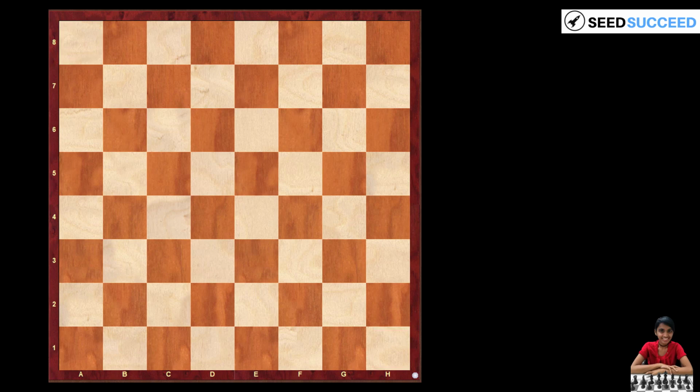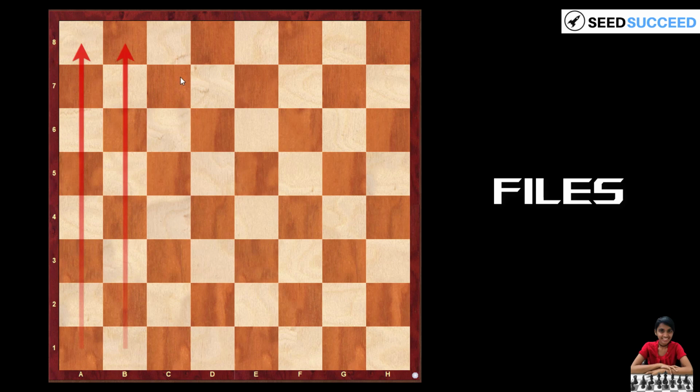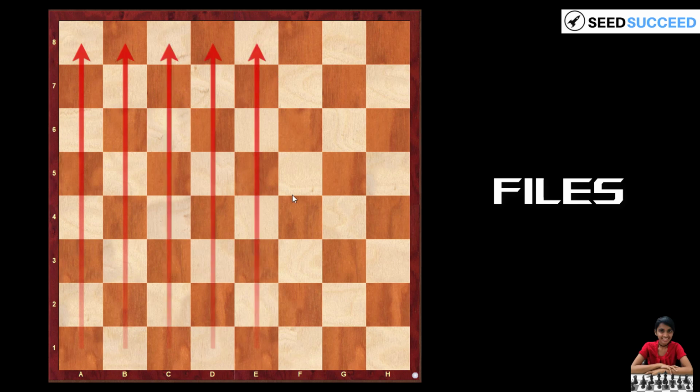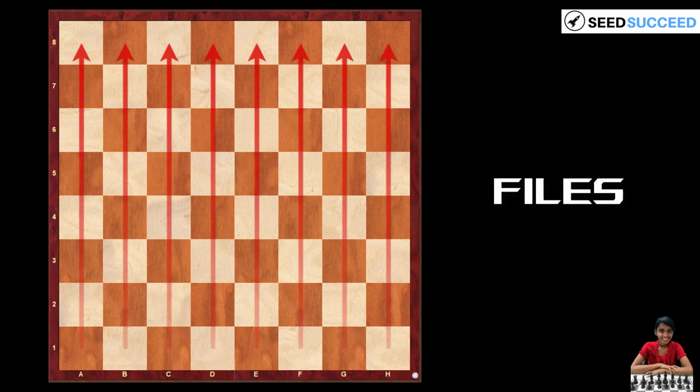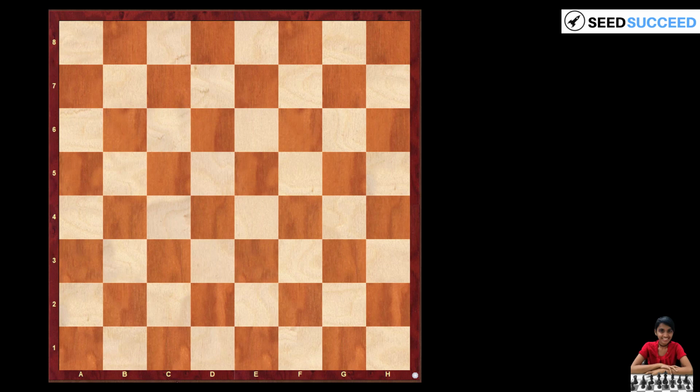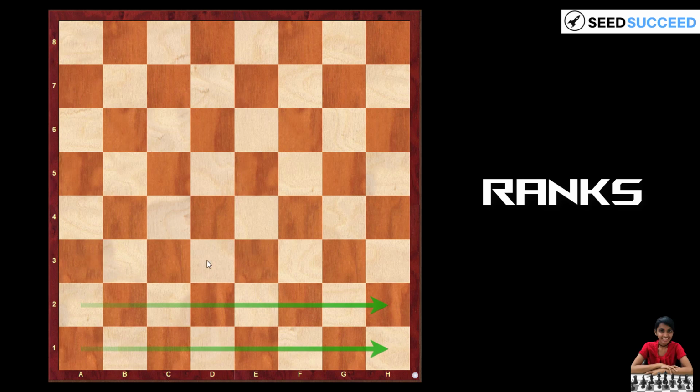And the second thing we learnt about files. A file, B file, C file, D file, E file, F file, G file, H file. And then we learnt about ranks. First rank, second rank, third rank, fourth rank, fifth rank, sixth rank, seventh rank, and then eighth rank.